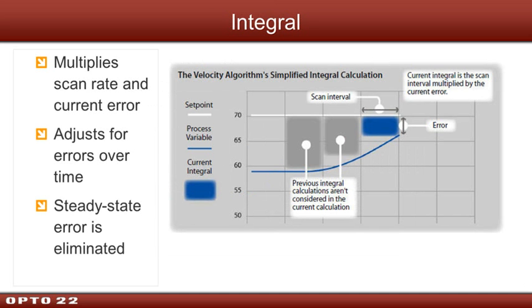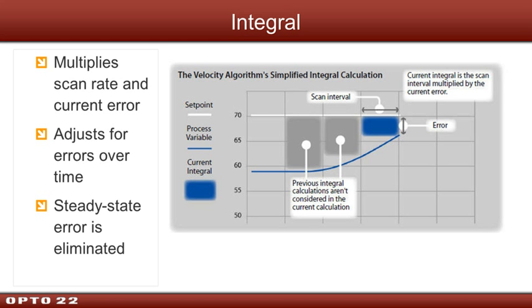The answer then is to bring in some integral. When we bring in the integral, it's going to multiply the scan rate and the current error. And so what's going to happen then is we're going to adjust for errors over time. That's what the proportional can't see on its own, but the integral, because it's looking at the error over time, is going to eliminate our steady state error.